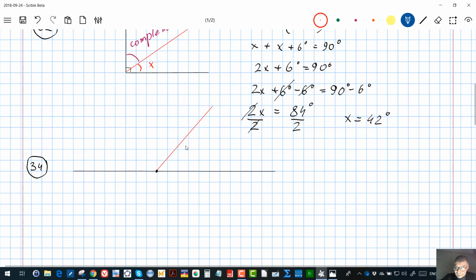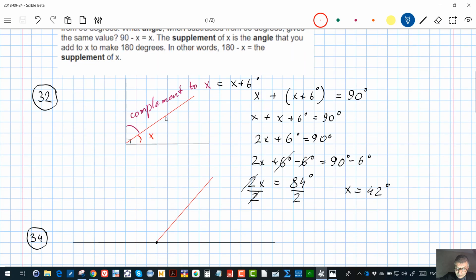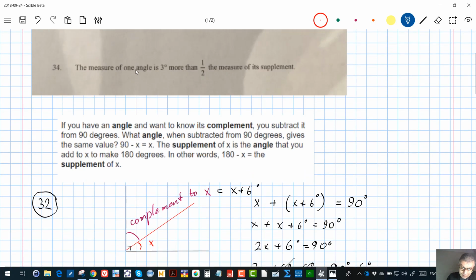So let it be again angle x, which we don't know. That's the unknown angle, and one angle. We don't know, it's x.